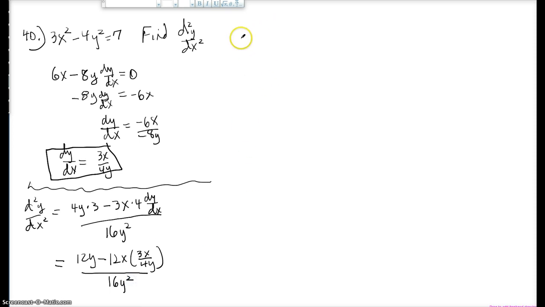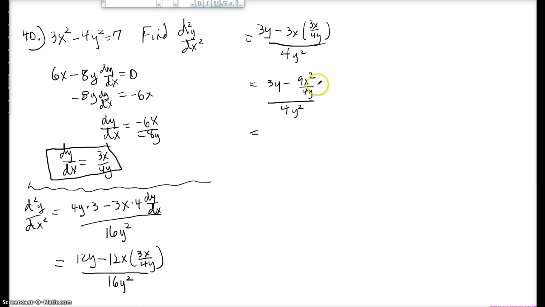I'm going to remove the 4 from top and bottom by dividing top and bottom by 4. I'm going to distribute the top here. And I'm going to multiply top and bottom by 4y to clear the denominator here.